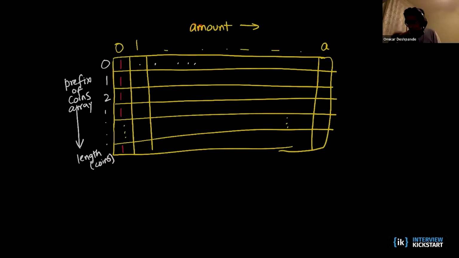Empty prefix. So if you have an empty prefix to focus on, but a non-zero amount to make up, there is no way we can make up a non-zero amount using an empty prefix. So we can fill all these with zeros. This is more convenient because I just fill everything with a zero.